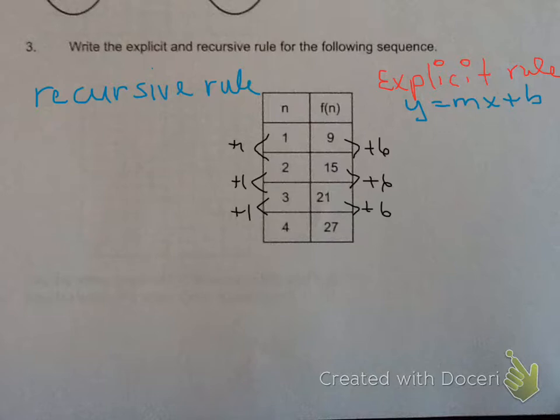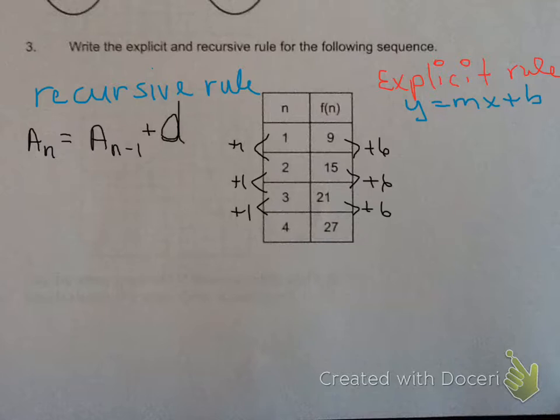Alright, in the recursive rule, you have a of n equals a of n minus 1 plus the difference.